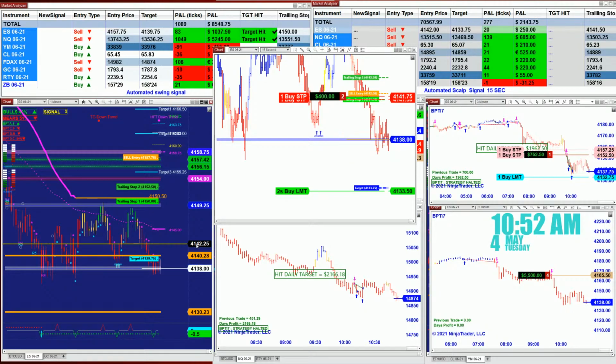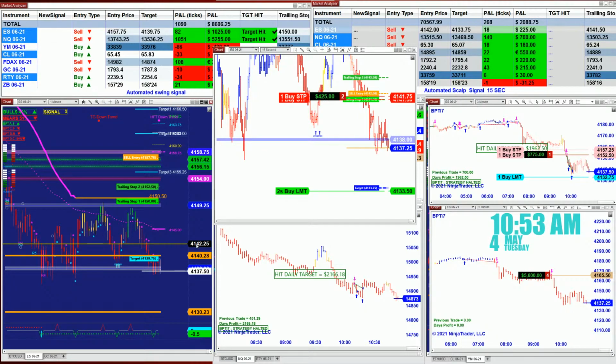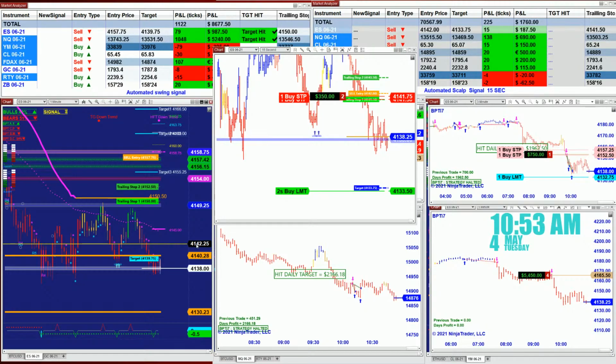So there we go. Right now we are in a $300-400 trade, and we are flirting with the 41.37. If this market goes down, we walk away with $700-800. If this market is not able to break it, we're going to walk away with nothing.